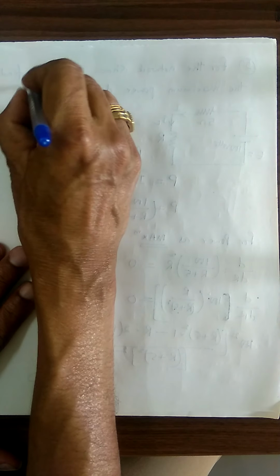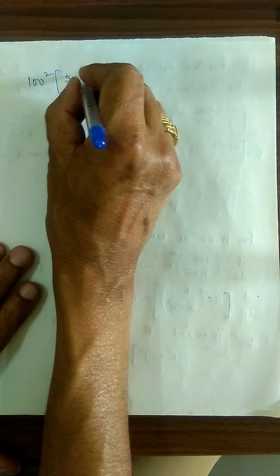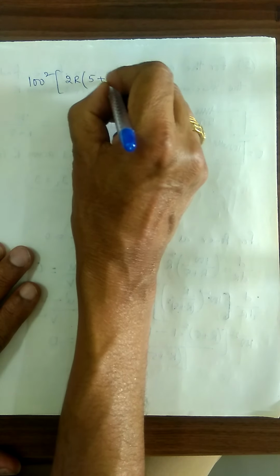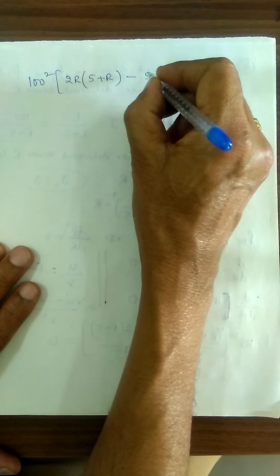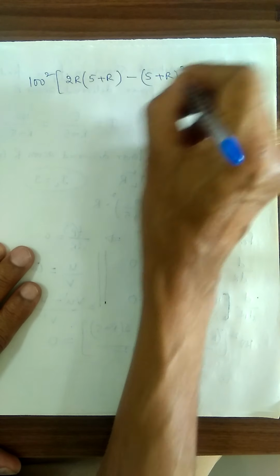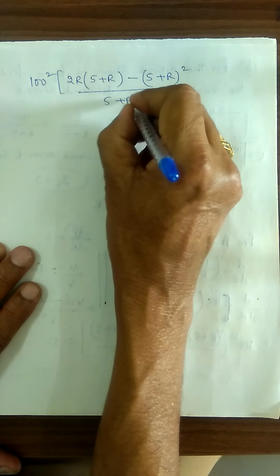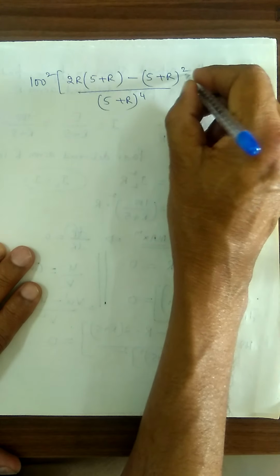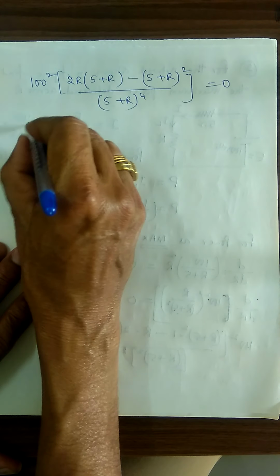Whatever answer we got, I will write it again here for continuity. It is 100 square into (2r) (5 plus r) or (r plus 5), no problem, divided by (5 plus r) raised to the power 4, that is equal to 0. 100 square cannot be equal to 0.